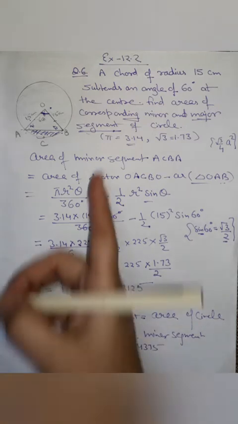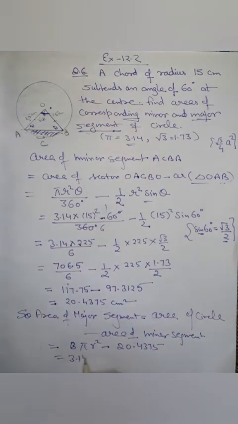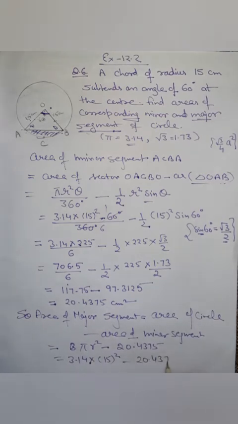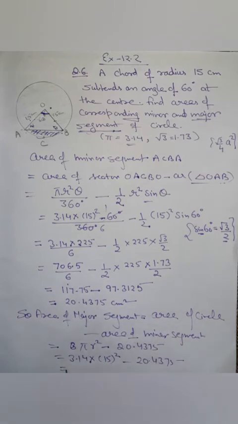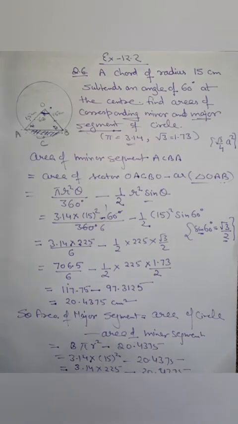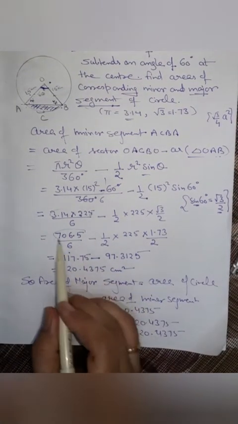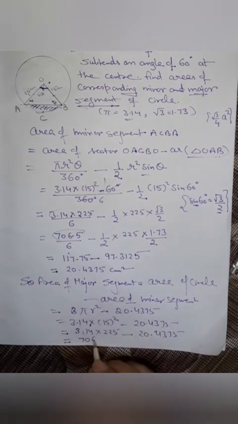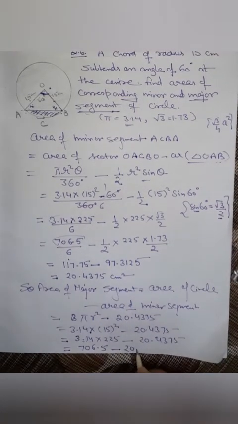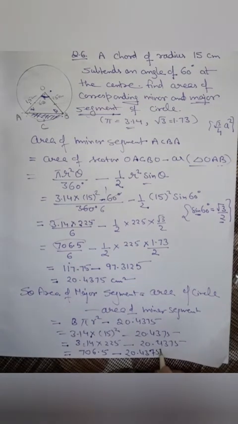20.4375, with pi as 3.14 and the value of r as 15 square, minus 20.4375. If we solve it, we get 3.14 multiplied by 225 minus 20.4375. We have already calculated 3.14 multiplied by 225 as 706.5, minus 20.4375.